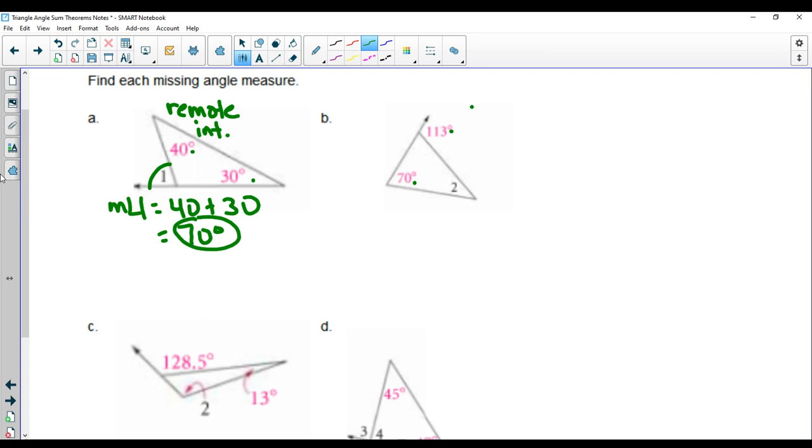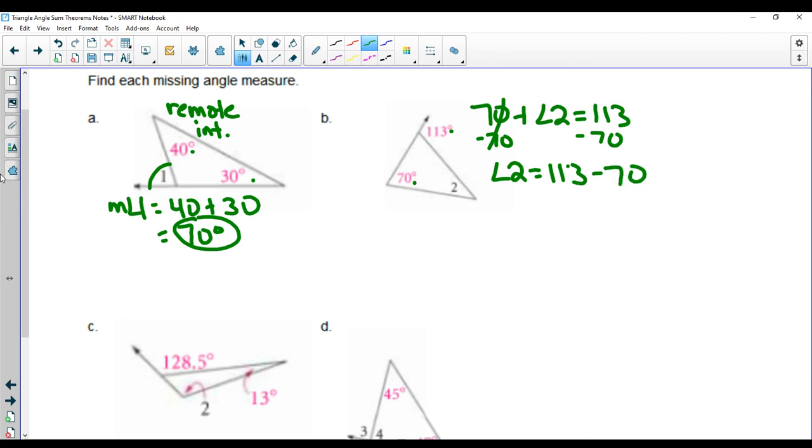From the theorem, we know that 70 plus angle 2 equals 113. So we can subtract 70. Angle 2 is going to be 113 minus 70, which when you do that subtraction, you get 43 degrees.